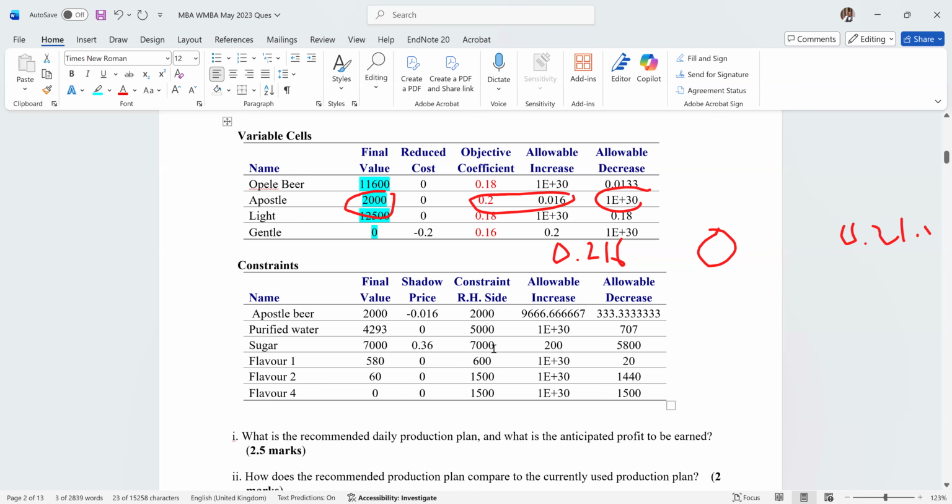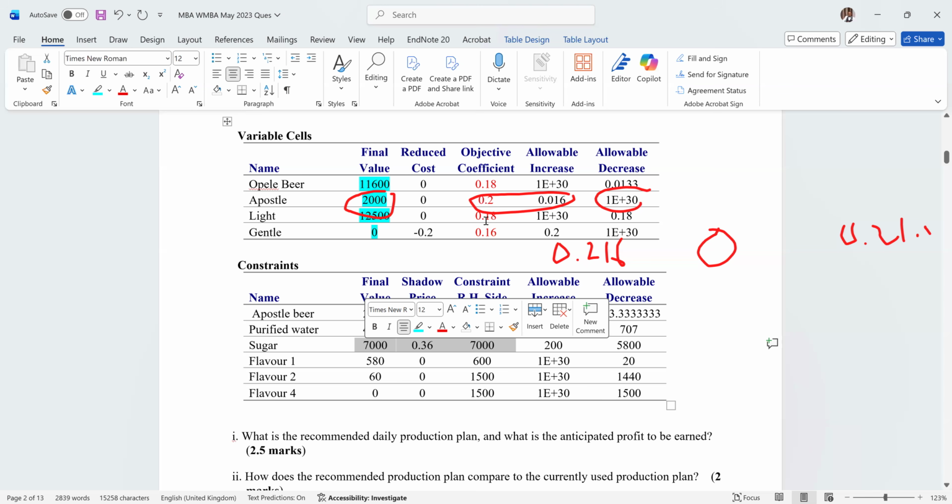If you look at the one on the screen, this one is binding: Apostle beer, ethanol, and sugar. Sugar and Apostle beer, the same values. But remember that you had other ones, right?